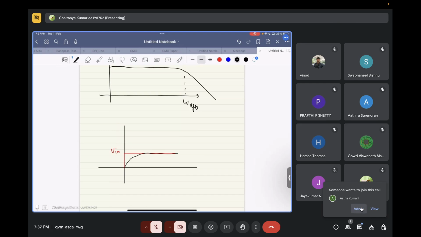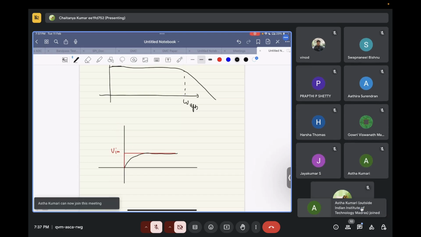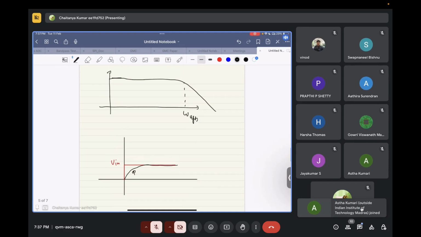Is this clear? And this is because of the first order response of the buffer.